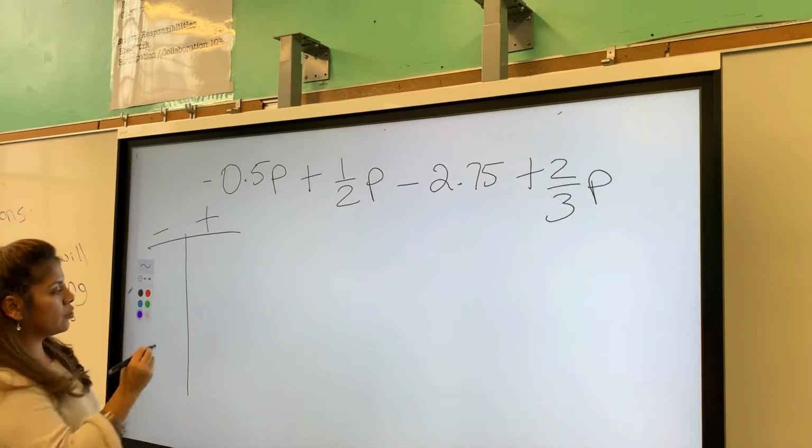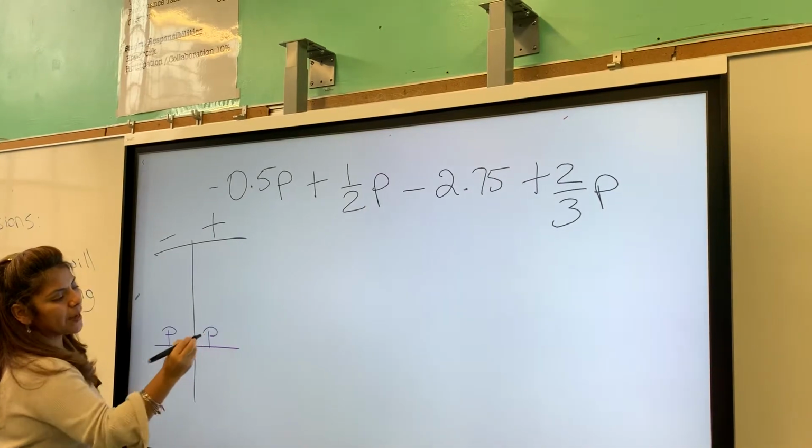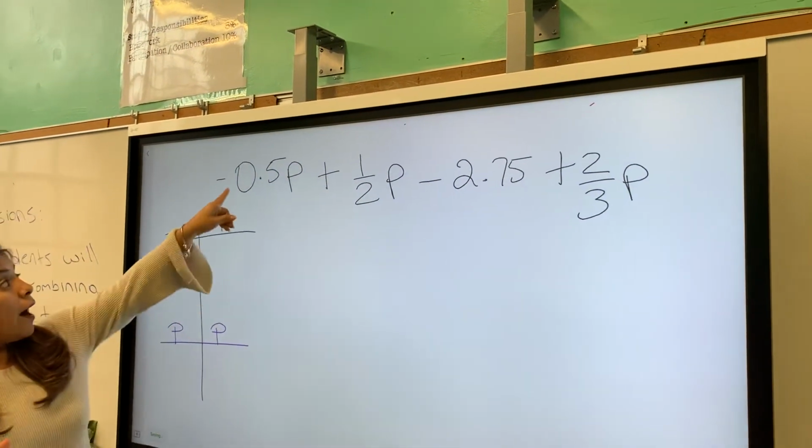So what I'm going to do is write underneath P and P as my negative and my positive for my variable. Negative.